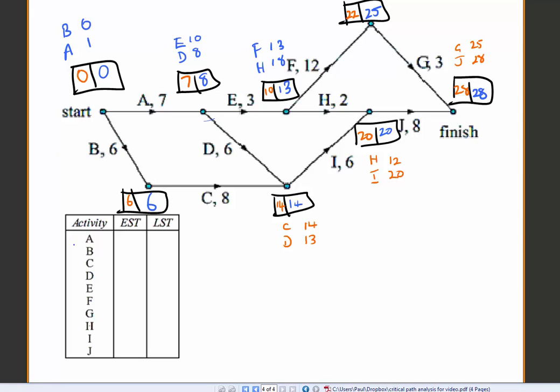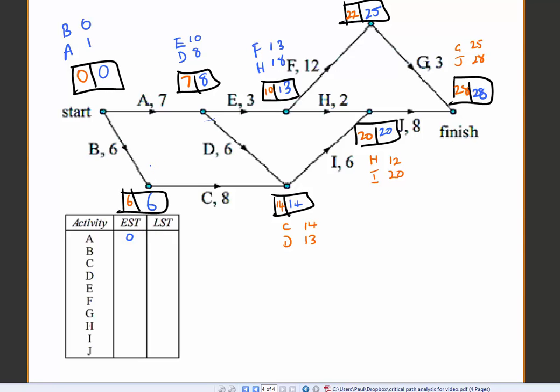I was going to rule up some lines there, but that's going to be even messier, I think. So I'll just have to write neat, try to get it as close to the activity as possible. Okay, EST and LST for activity A is 0 and 0. I lie.